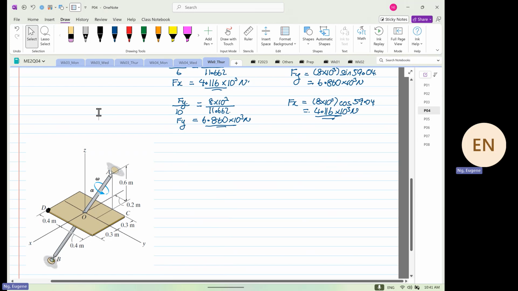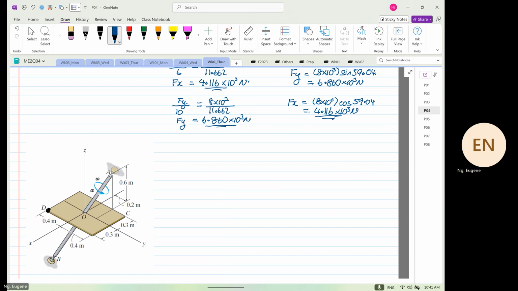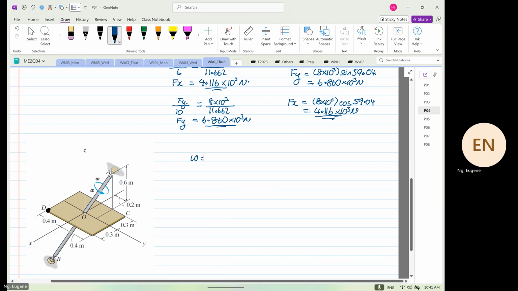So we know that omega is equal to 14 radians per second, and this is along the axis.